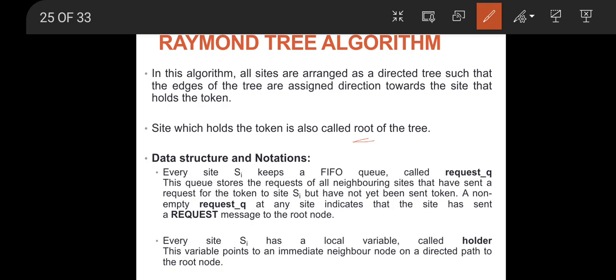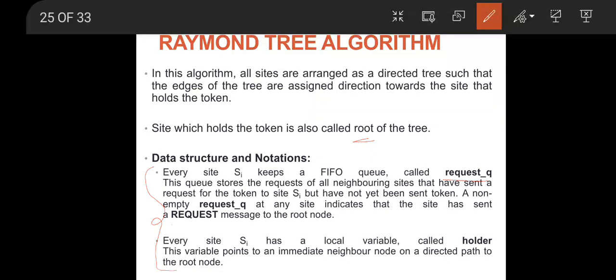So logically all the sites will be arranged in the form of a tree, and every site will be maintaining a request queue. Request queue means its own request or the request of another site will be entered, similar to the previous example. So there are two data structures that will be used in Raymond's tree based algorithm.